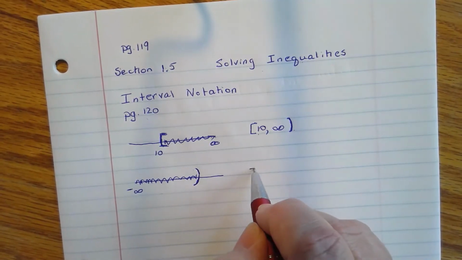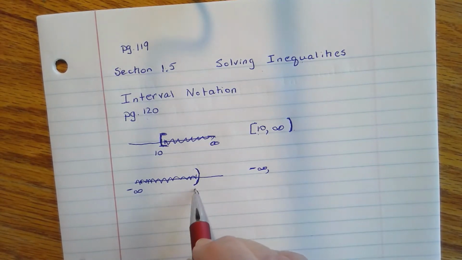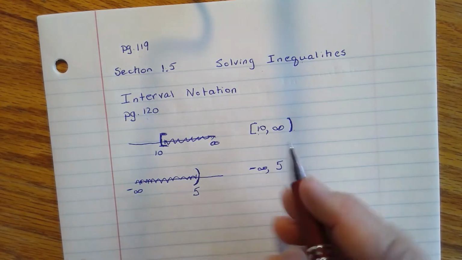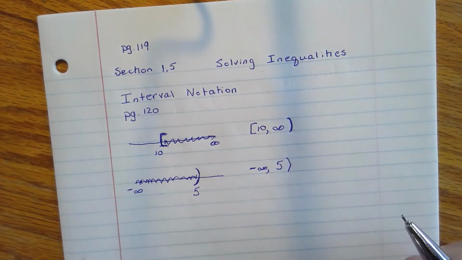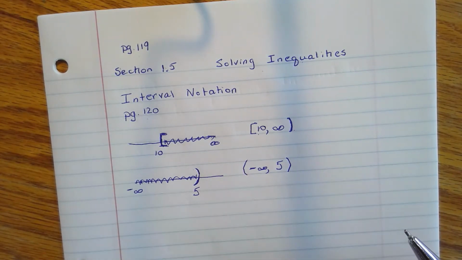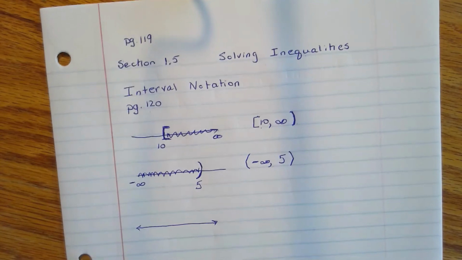So we would start with negative infinity, and let's just say this point was 5. The 5's not included, so I use a parenthesis, and I'm going to always use a parenthesis when I have infinity. A third possibility would be when you want to talk about the area between two numbers.